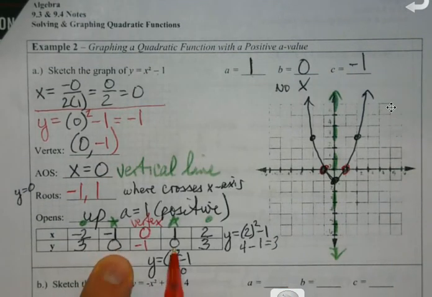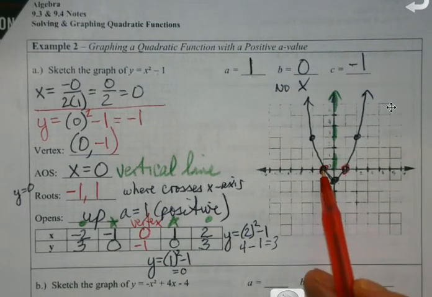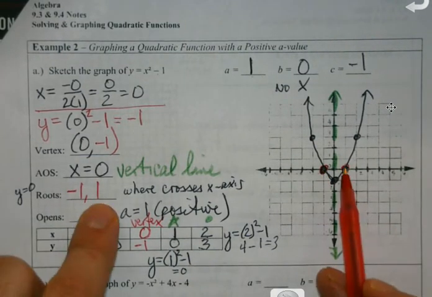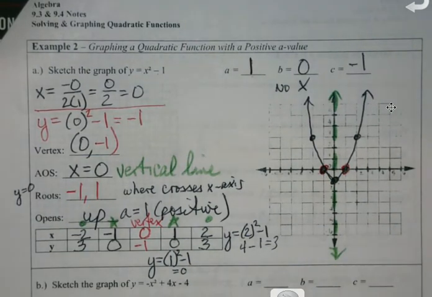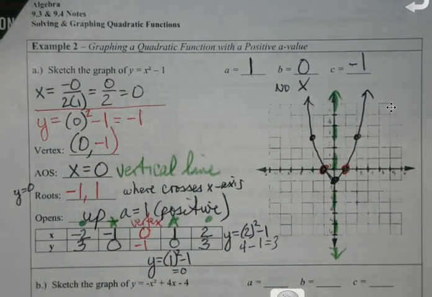Because I can see that y equals 0 at both of those spots. Or I can just look at my graph and say, oh, it's going through the graph here at -1. Oh, it's going through the graph at +1 for my x-intercepts, where it crosses the x-axis. So that's all the information that we can get from this. But it all centers around, can I get the vertex? Because if I get the vertex wrong, I'm kind of screwed as far as this goes.